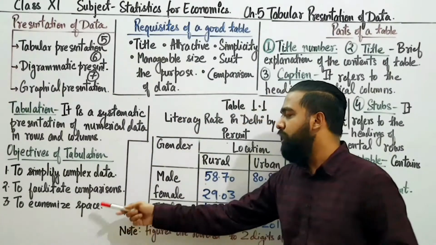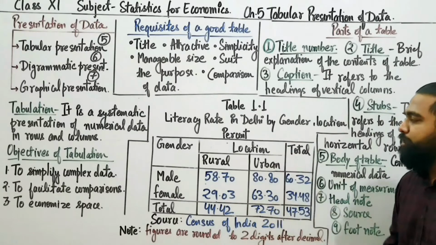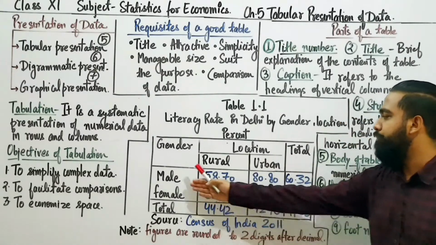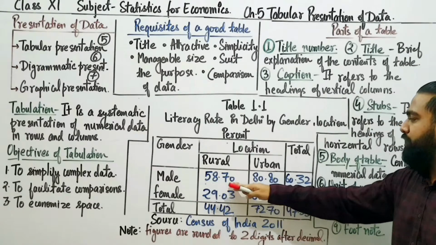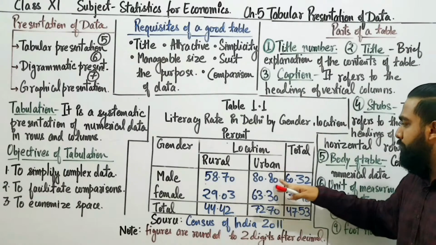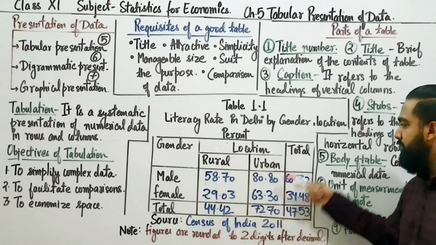The second objective is to facilitate comparison. It is so easy with the help of tabulation to compare males and females, the rural population of males, the rural population of females, the urban population of males, the urban population of females, and their total.